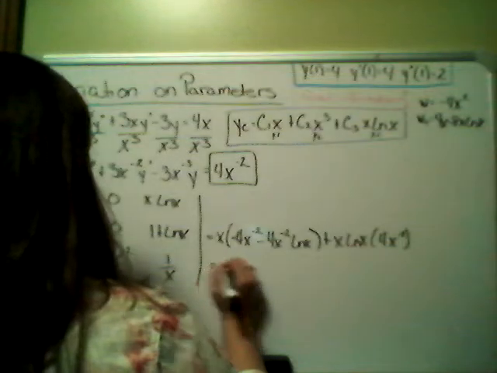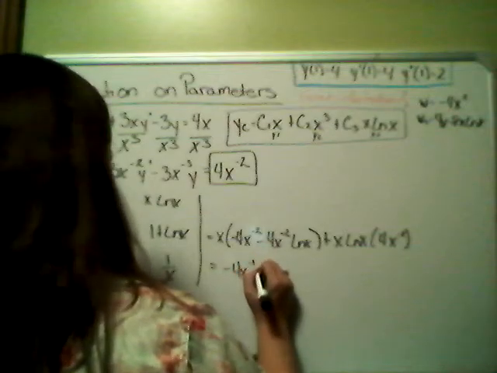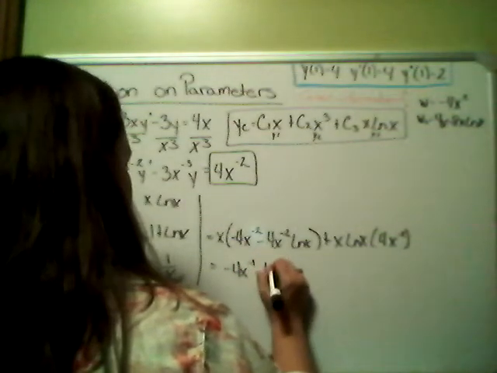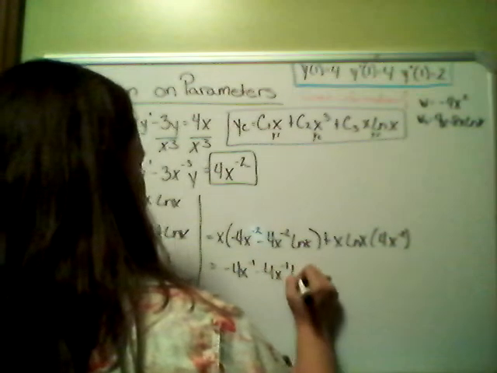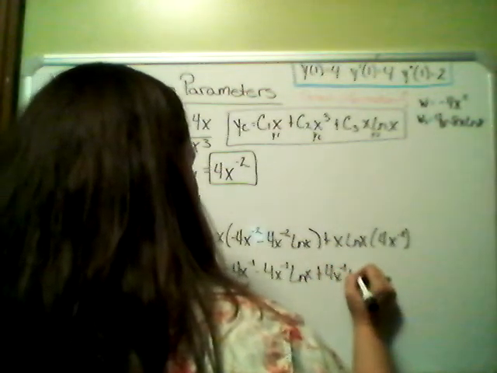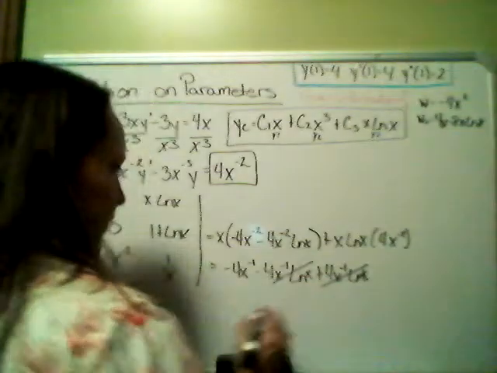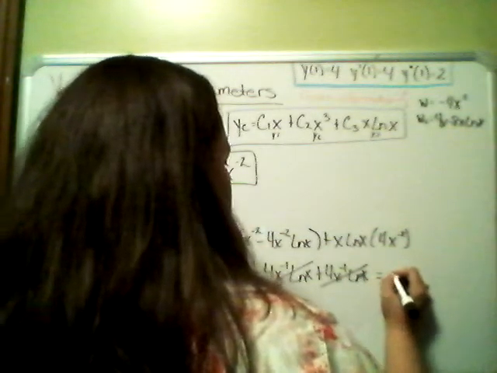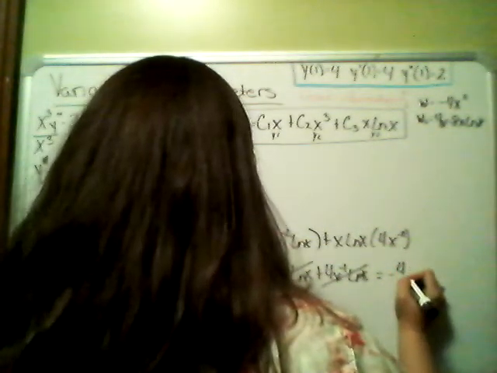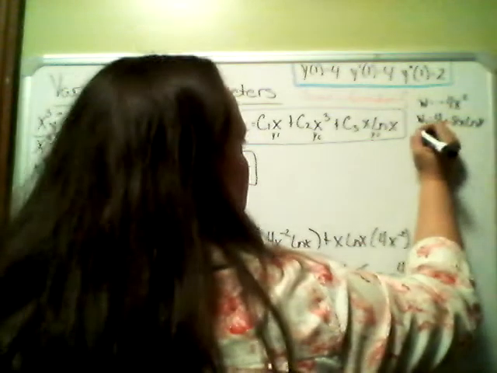This simplifies to minus 4x to the minus 1 minus 4x to the minus 1 ln x plus 4x to the minus 1 ln x. These will cancel out one another, which leaves us with minus 4 over x for our W2.